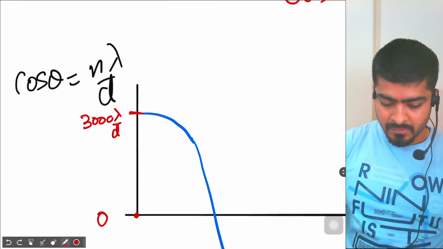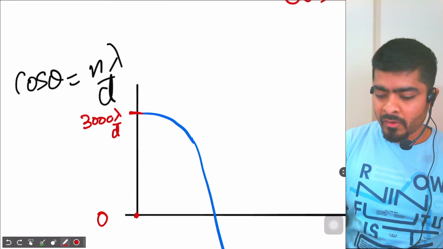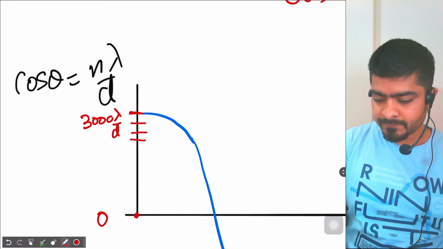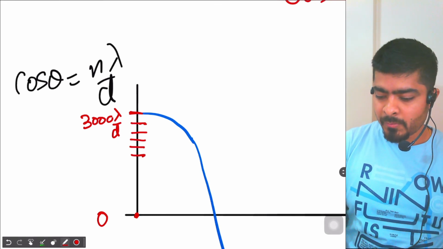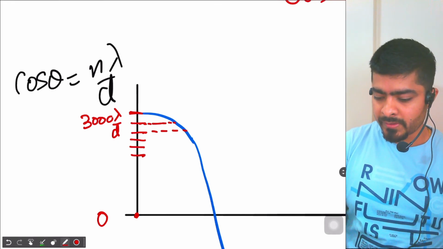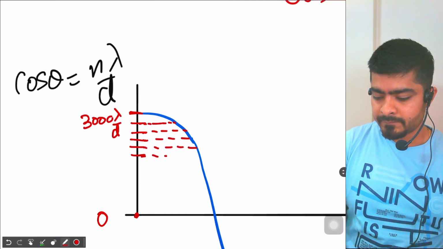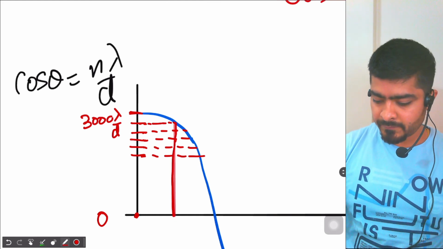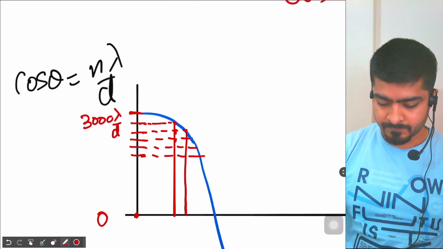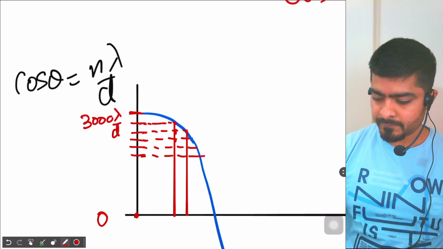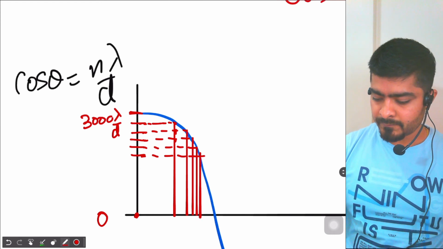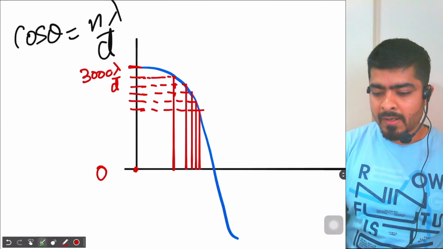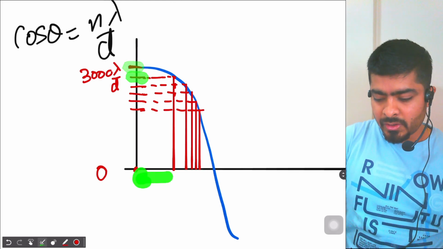Suppose I draw equal positions. For corresponding points over here, if you draw a line over here, now you see between the first and second bright fringe there's a huge gap.